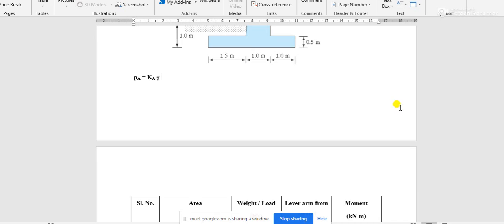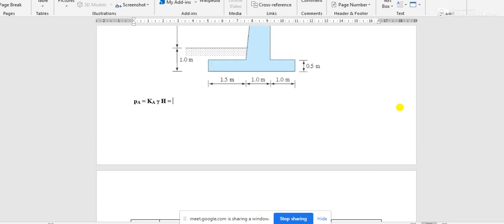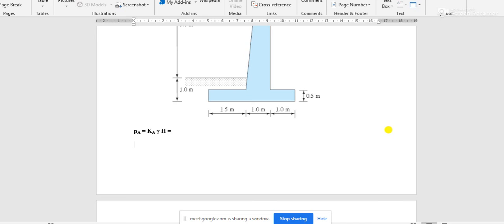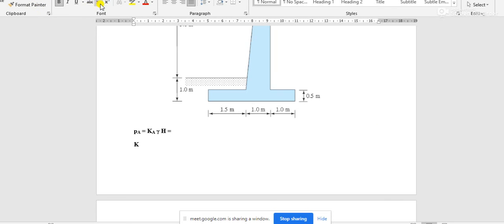Gamma H, here Ka, you can calculate Ka by the formula, that is (1 minus sin phi) divided by (1 plus sin phi).